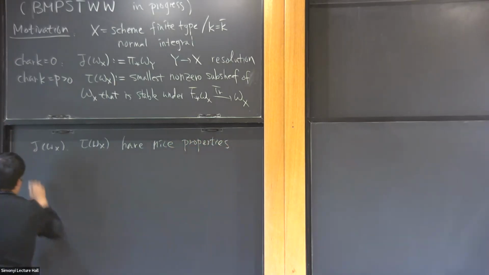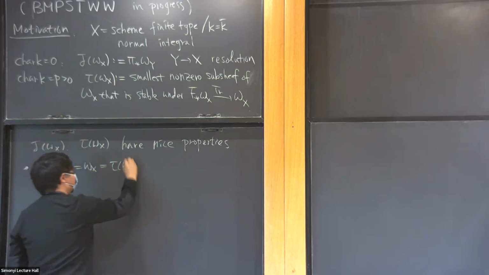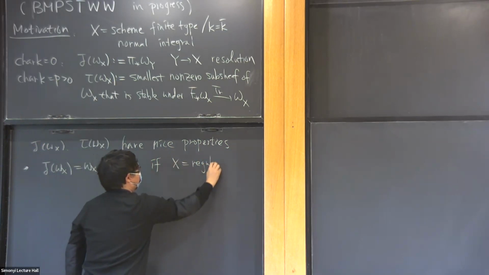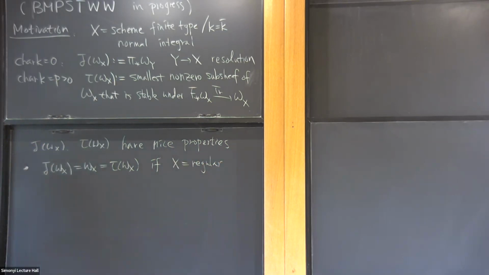For example, if X is regular or smooth, then these are just the canonical sheaf itself. J equals omega X if X is regular. You can view this as a measure of how far your thing is from being regular.